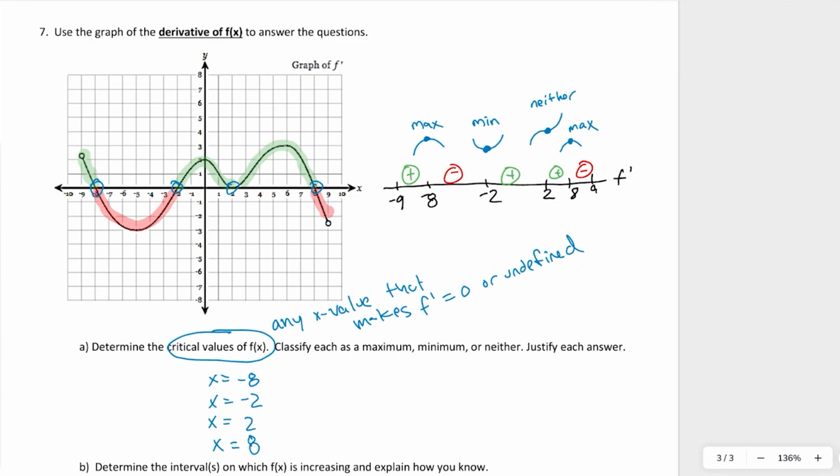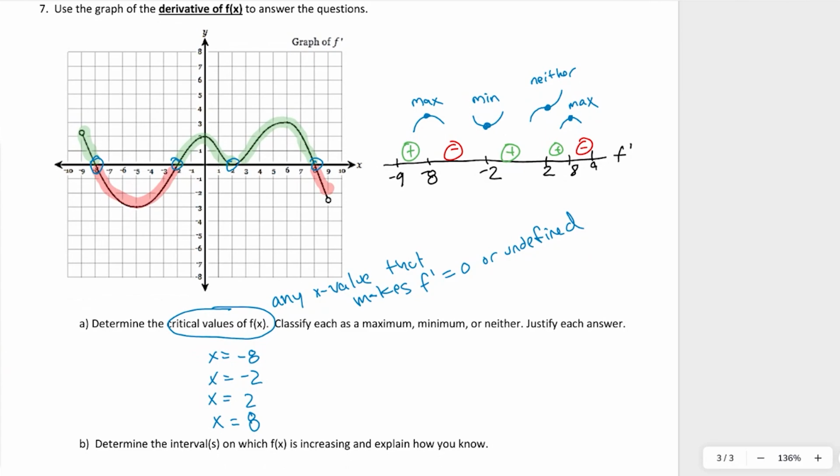So we've already classified each of these, so this won't take very long, but I want to make sure I have a justification for each one. So we know that x equals -8 is a max because f prime went from positive to negative. We know at -2, we have a minimum for the opposite reasoning. F prime's going from negative to positive.